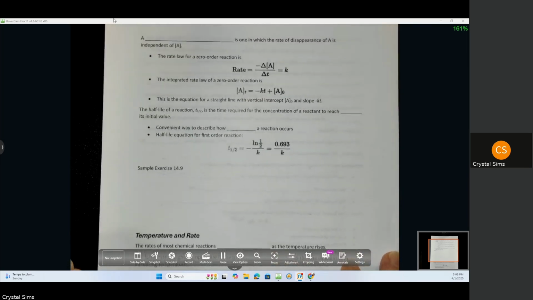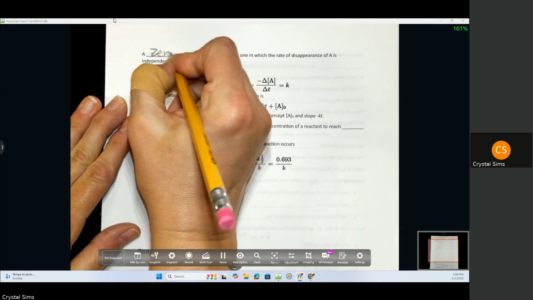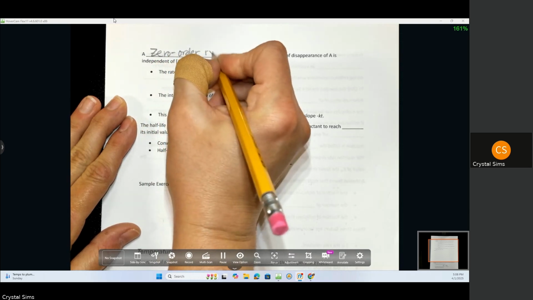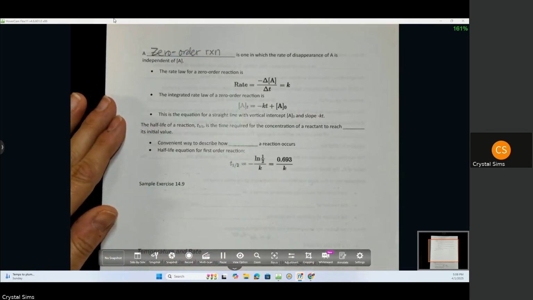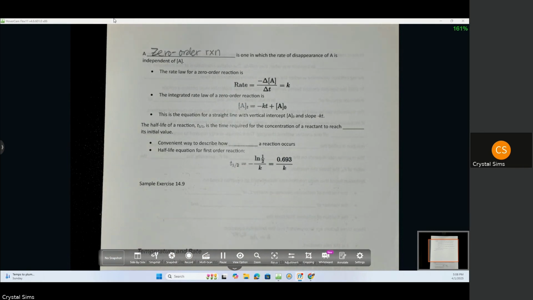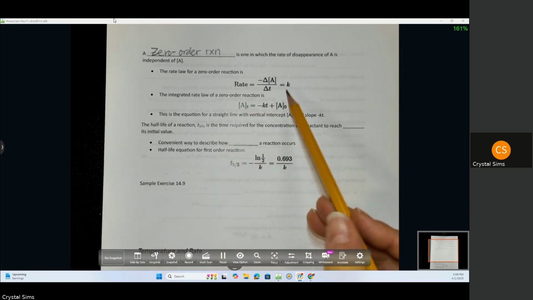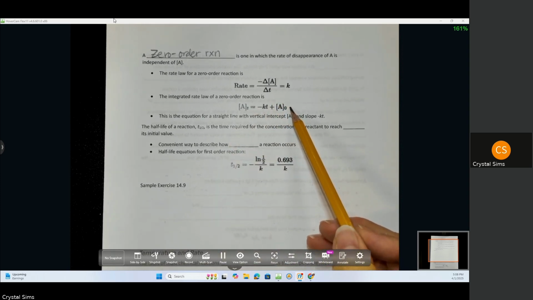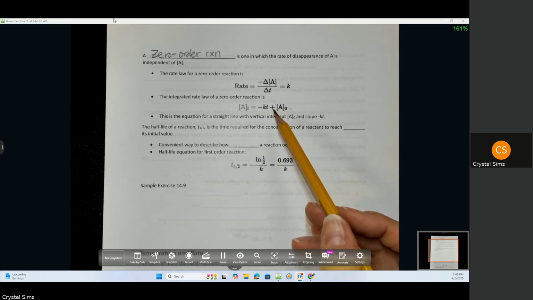All right. Now, moving on a little bit further here, we get into our zero order reaction. So a zero order reaction is one in which the rate of disappearance of A is independent of the concentration of A. Okay, and you can see our rate law and our integrated rate law looks a little different from the others.